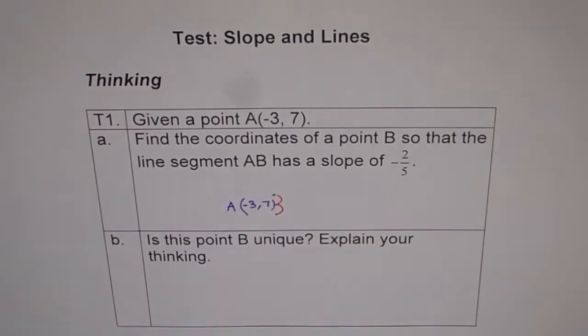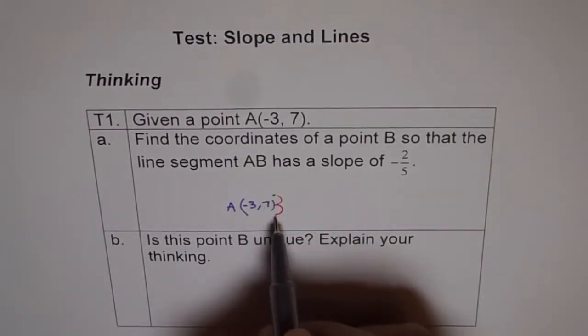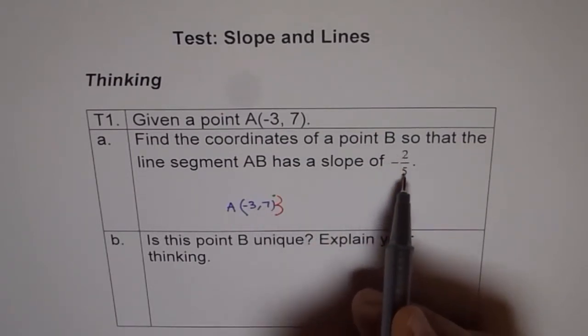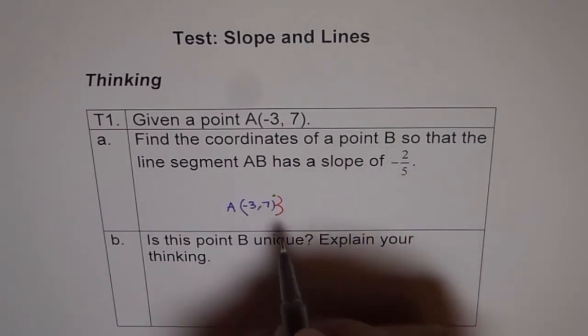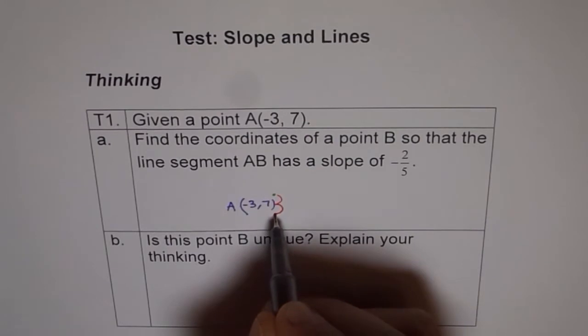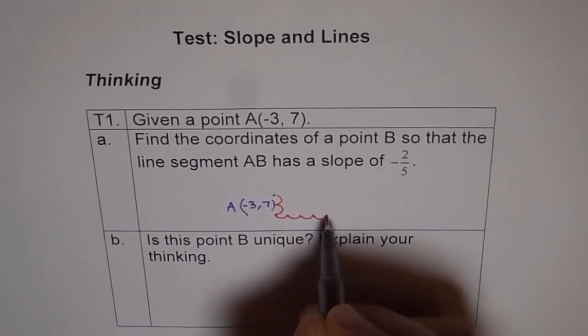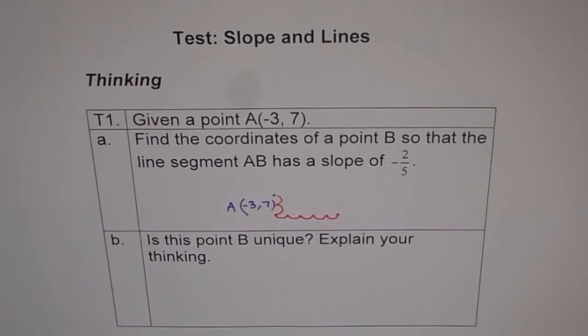If you go 2 steps down, the y value will change from 7 to 5, correct? So -2/5 means a run of 5. So we'll go 5 steps to the right: 1, 2, 3, 4 and 5. So that's the 5th step.